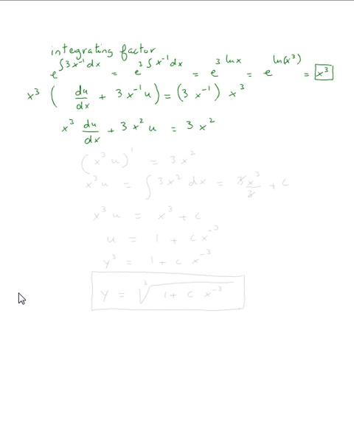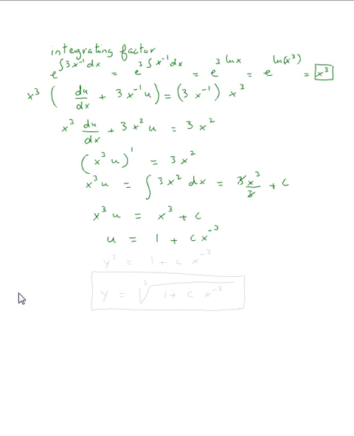Now the left side is the same thing as the integrating factor times u, differentiated. Check it, make sure it's the product rule, that it's right. So this means that x cubed u is equal to the integral of 3x squared dx, which is 3x cubed over 3 plus some constant. So x cubed u equals, simplifying the 3, x cubed plus c. Now divide by x cubed, you get 1 plus c x^(-3).